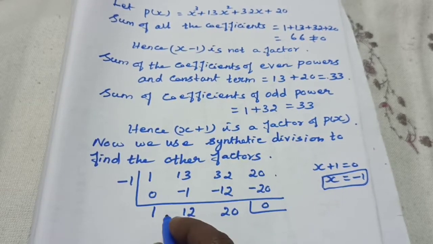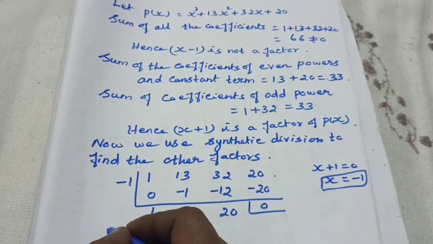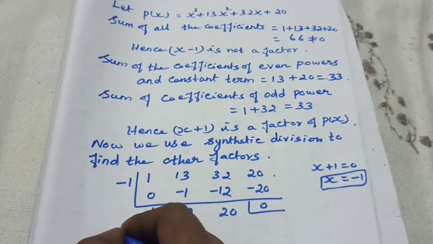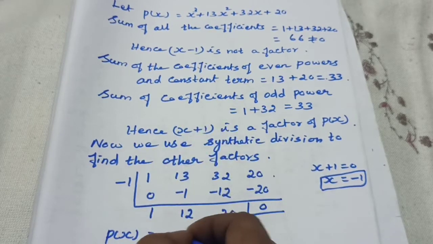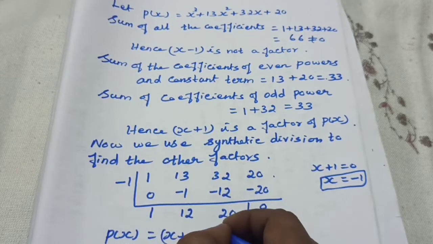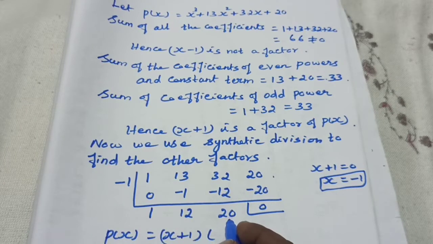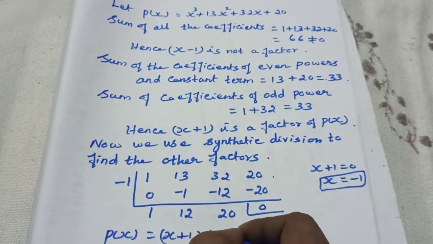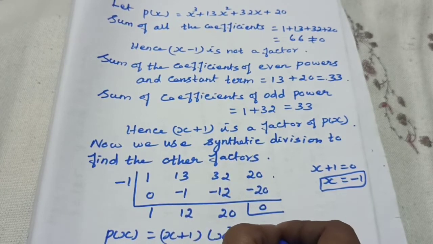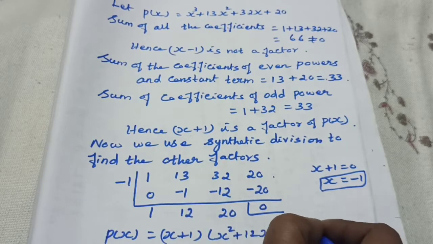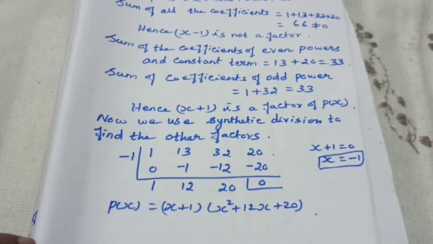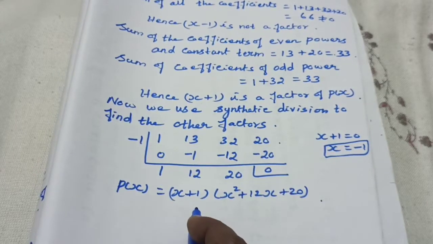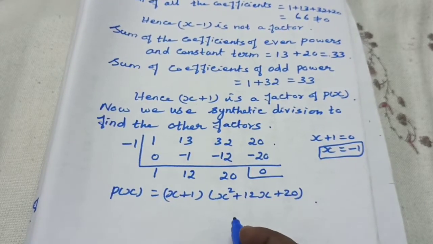Now p of x is equal to, already one factor we got, isn't it? X plus 1. The remaining quotient is x square plus 12x plus 20. And x plus 1 is one factor. Like this, two more factors we have to find.